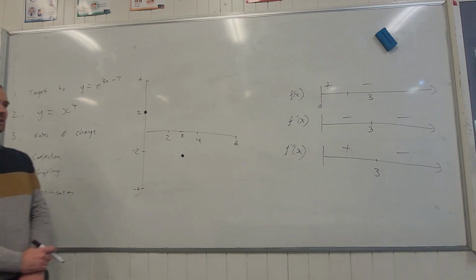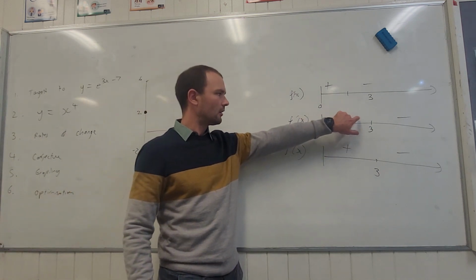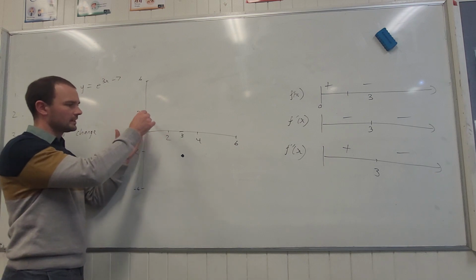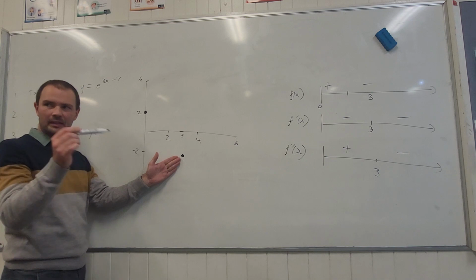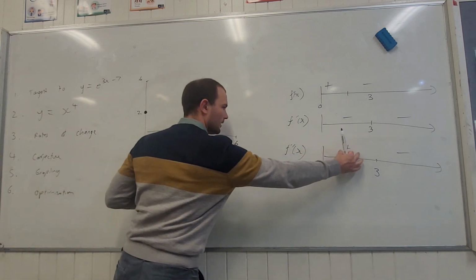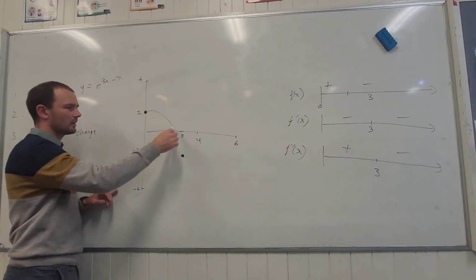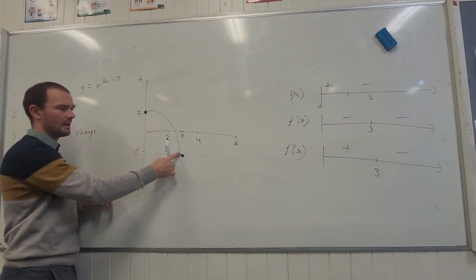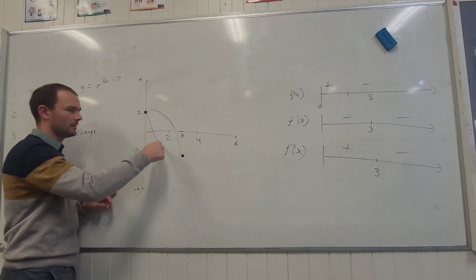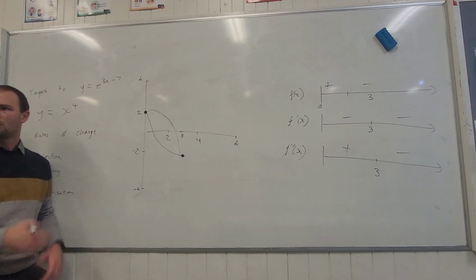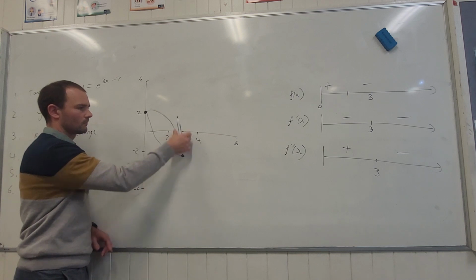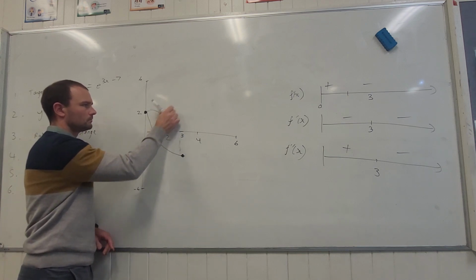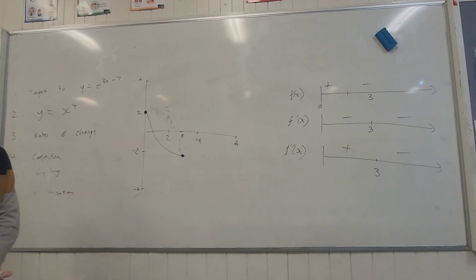Now it is decreasing, moving down until we get to that point. That makes sense. But the other thing is it's concave up, so I'm not going to sketch it like this because that is concave down. I'm going to sketch it like this. It's concave up, opening upwards, until we get to that point.